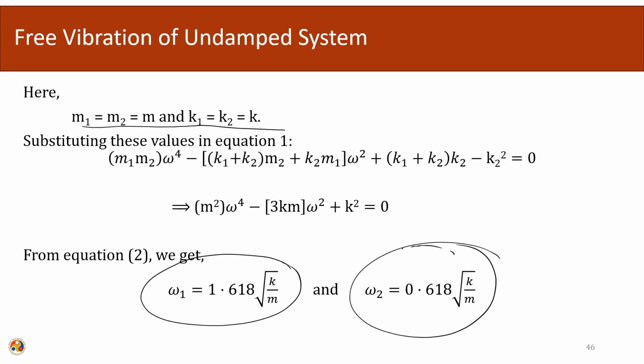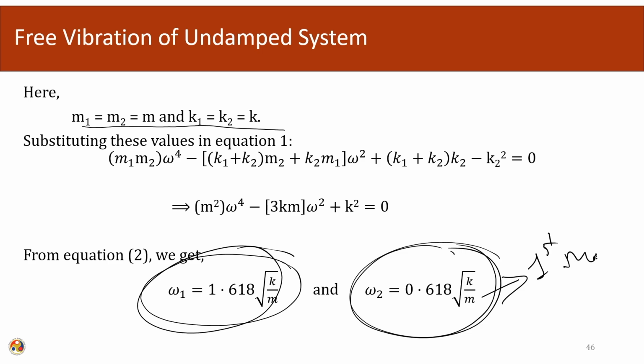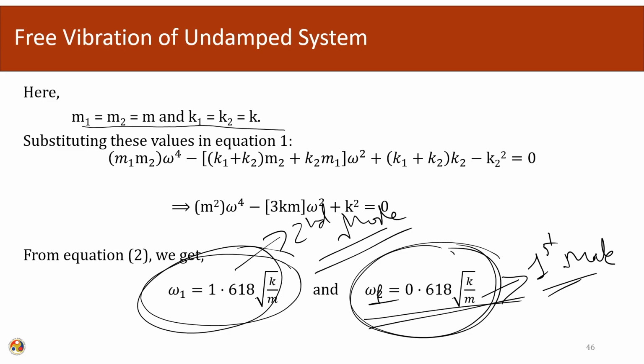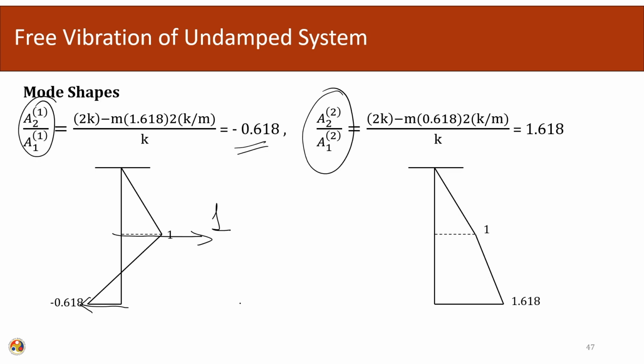Since this is the lower value, this will be the first mode, and this is the higher value, so this will be the second mode. The lowest value we take as the first mode, and this corresponds to the second mode.